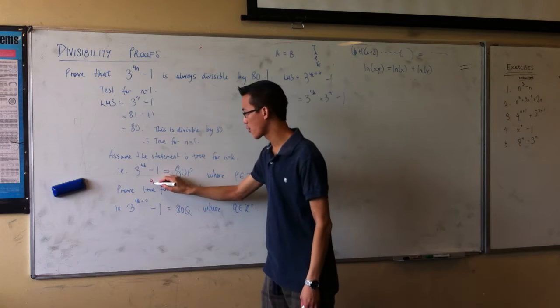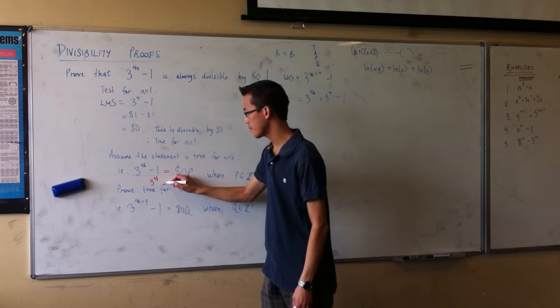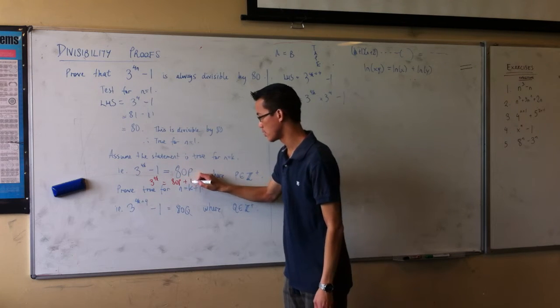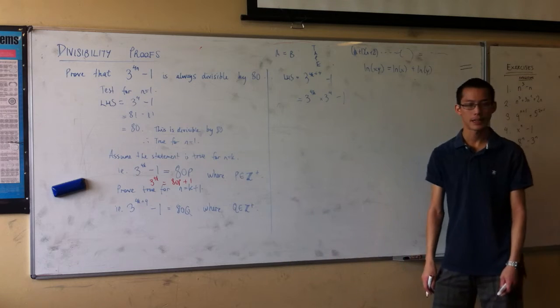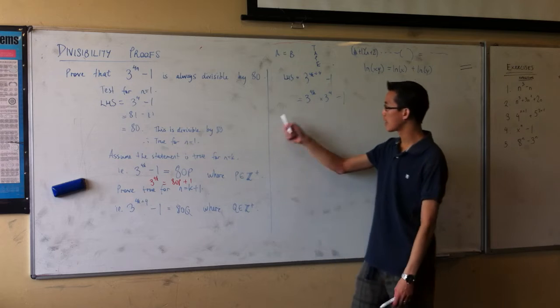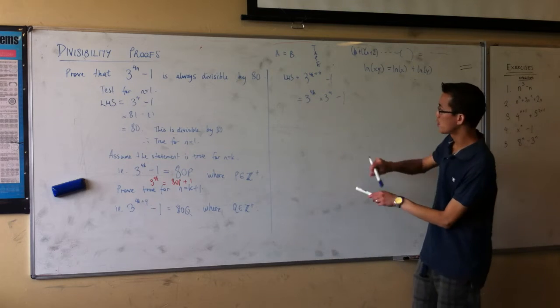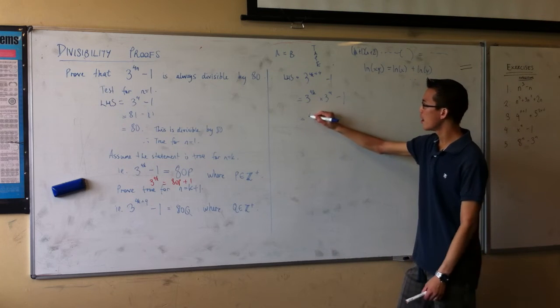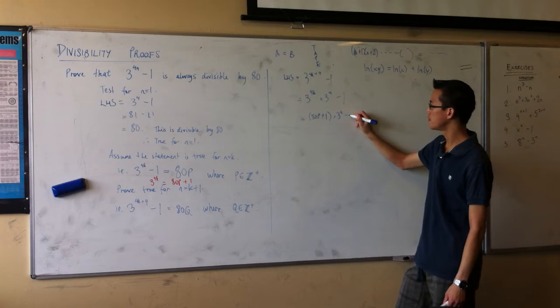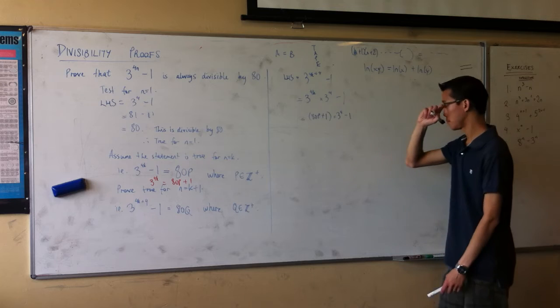I can say 3 to the 4k, just looking at it from the other way around, is ADP plus 1. I've just shifted the number over, okay? And what that does, if I make that my statement that I assume, I can bring that in quite easily, right? So what do I have here? I've got ADP plus 1 times 3 to the 4 minus 1.